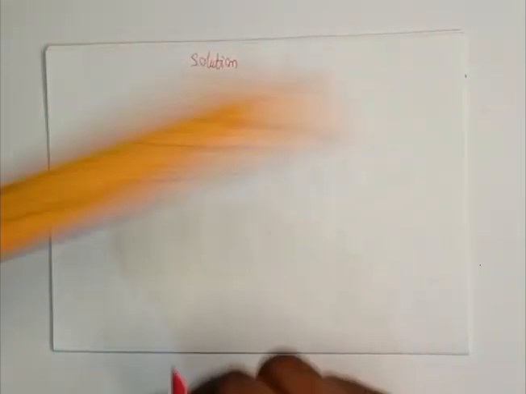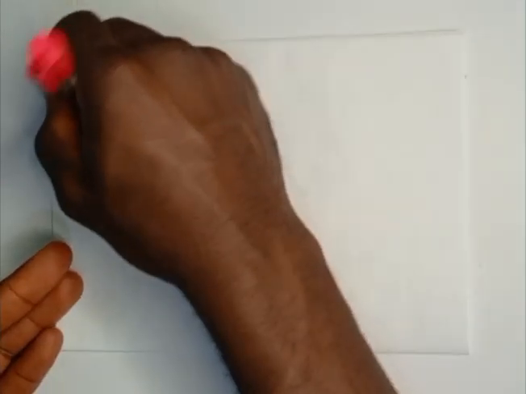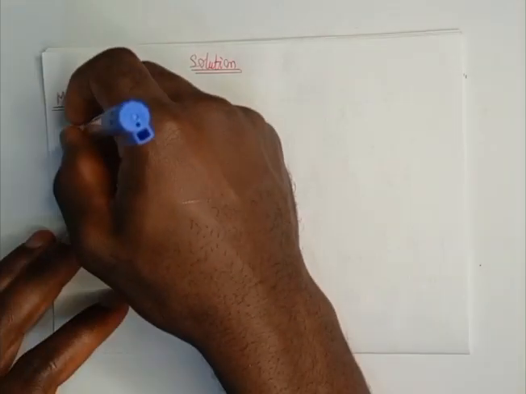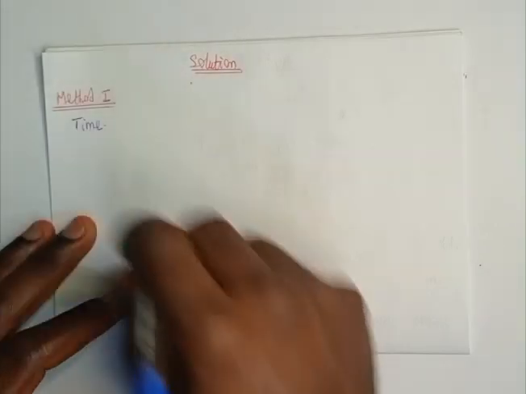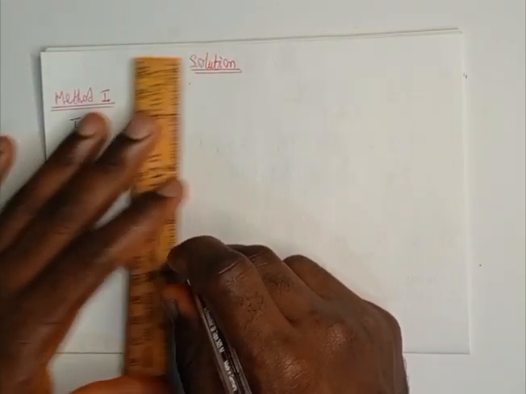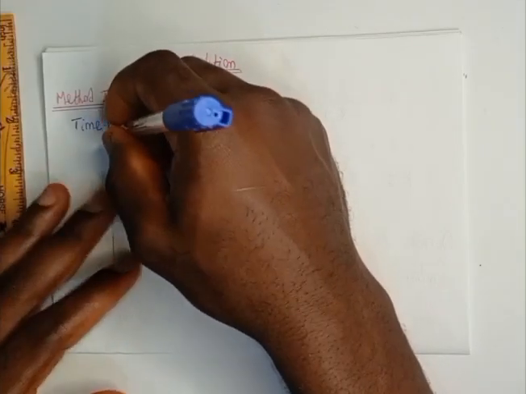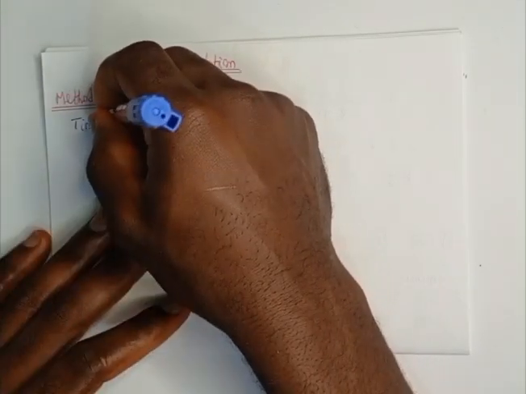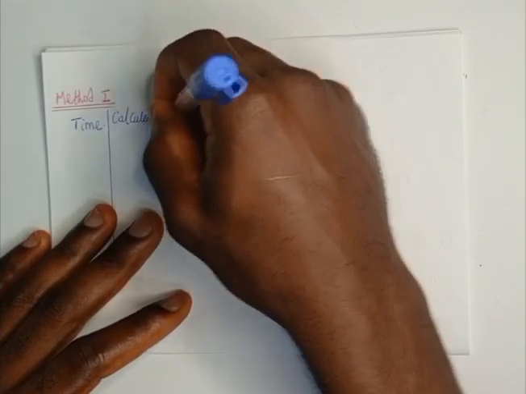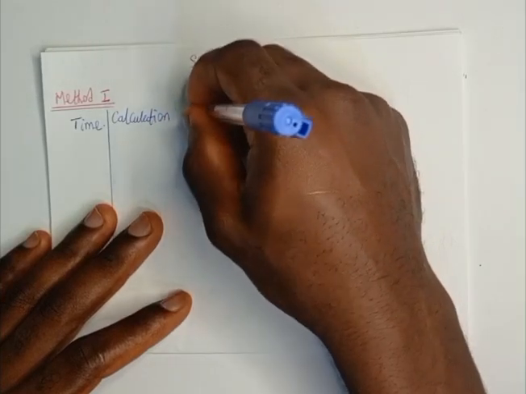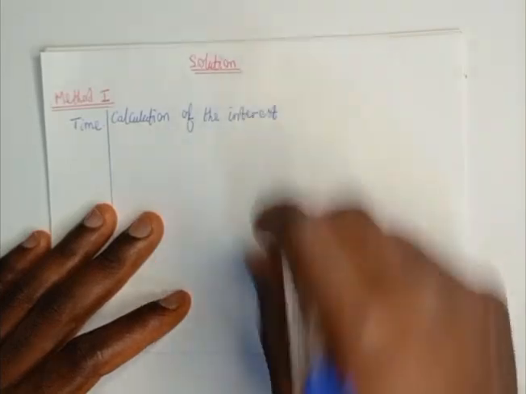We are going to answer this question by making use of two methods. First method 1. First, we are going to build a table as such with the first column carrying the time, that is whether it is the first year or the second year. The next column carries the calculation of the interest for the year.